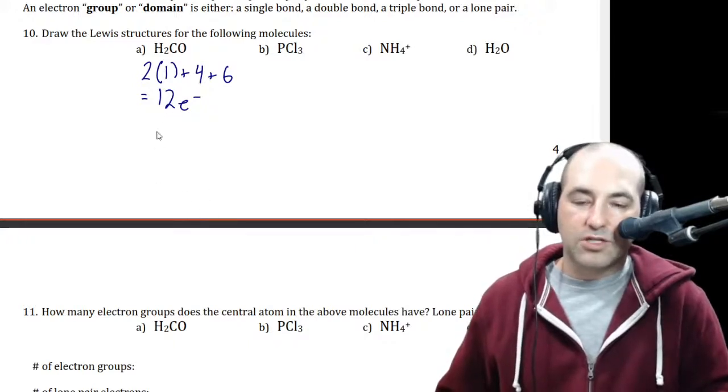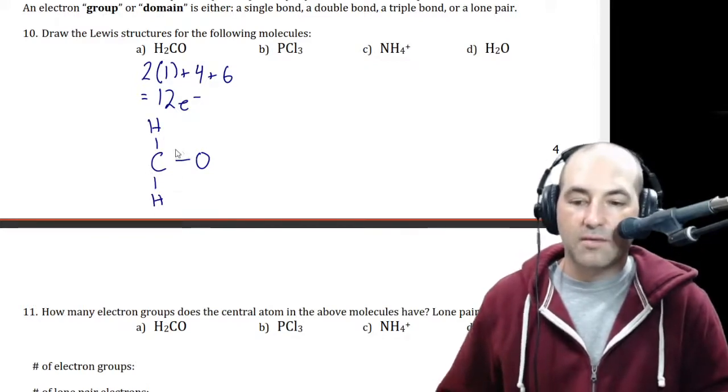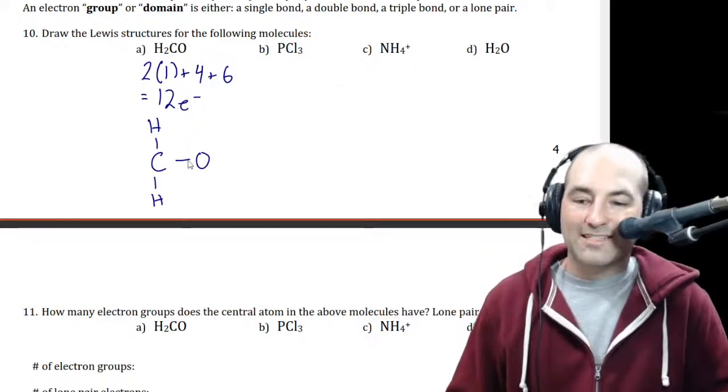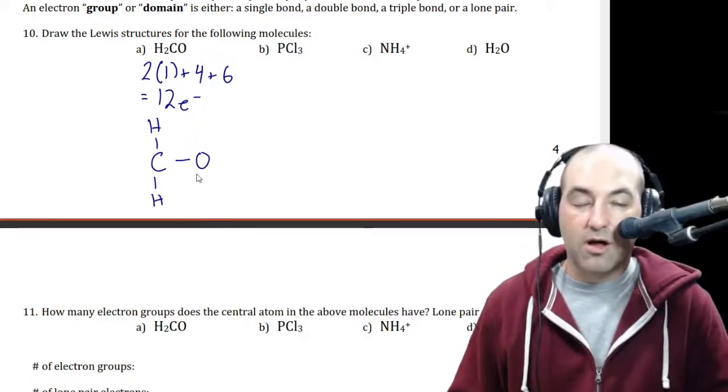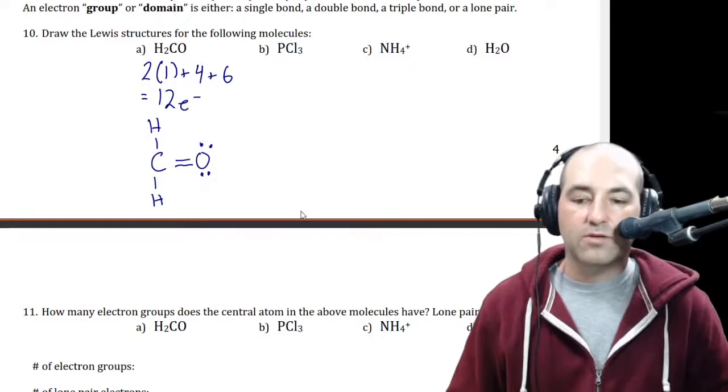Then we can't put H in the middle, so we put our C in the middle, and we put the other ones around. Again, at this point, it doesn't matter where you put them. We need to add now 6 more electrons. If we put them all on the oxygen, there won't be enough left over for the carbon. So that tells us we need to do a double bond. And we have a structure like that.